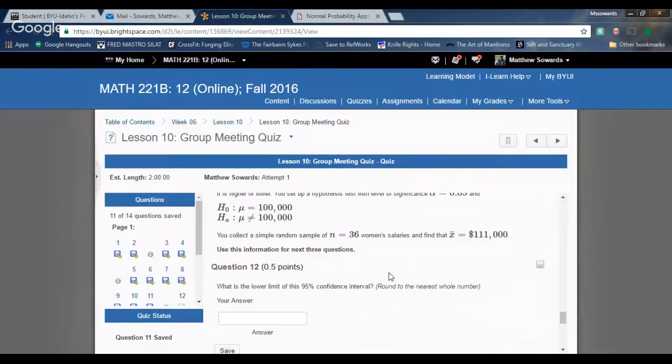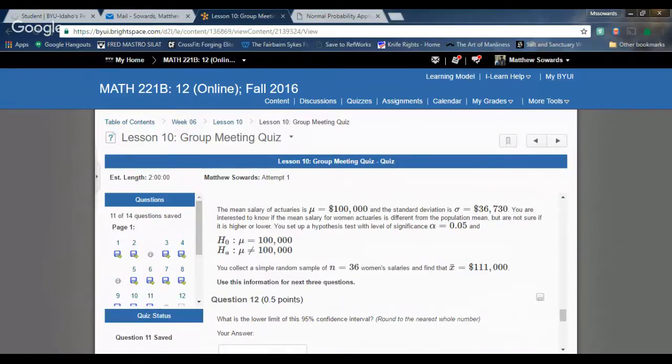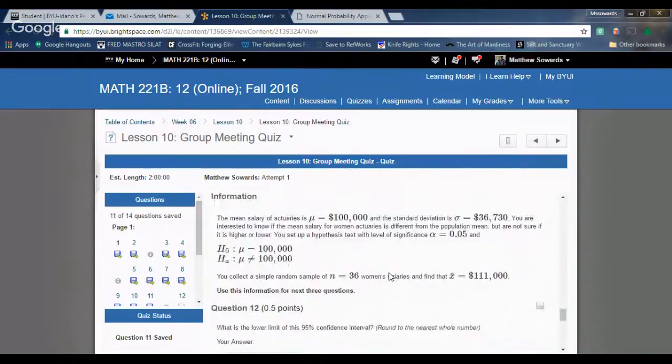Okay, so $36,730 divided by the square root. They said 36 was the sample size. Yep, that's what I got. Cool. Okay. Times, we're doing 95%.